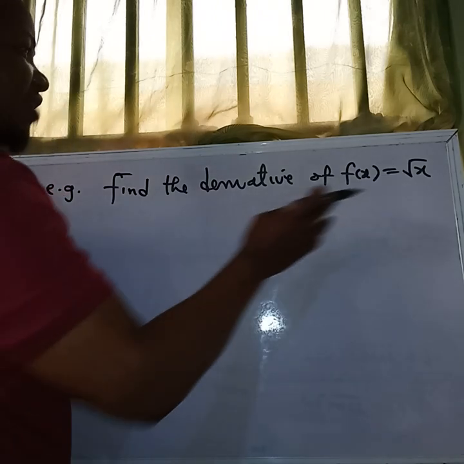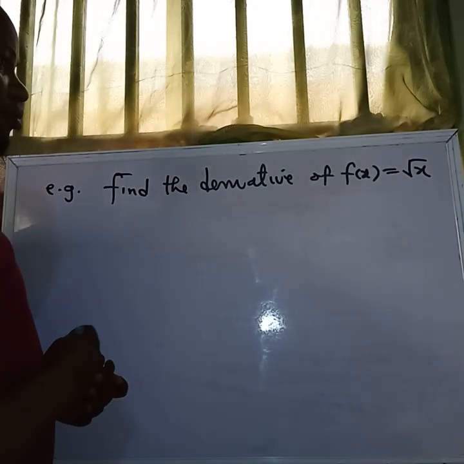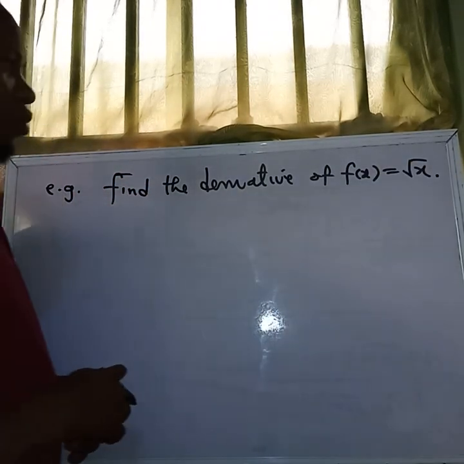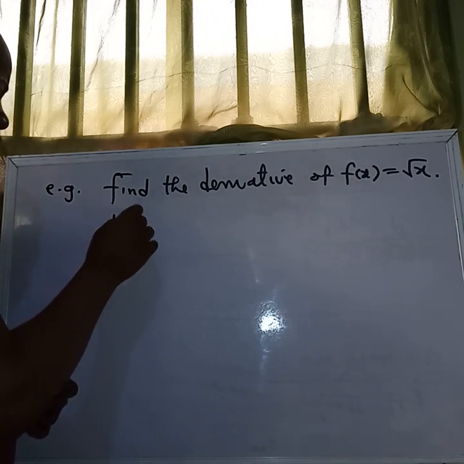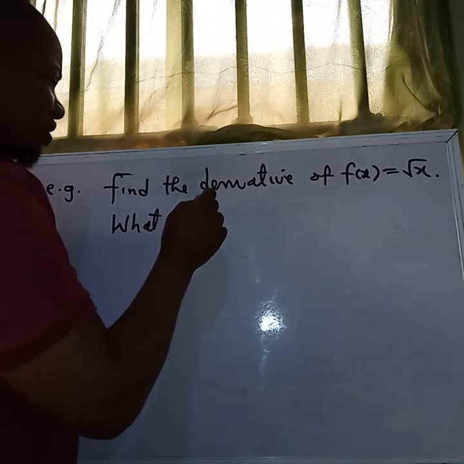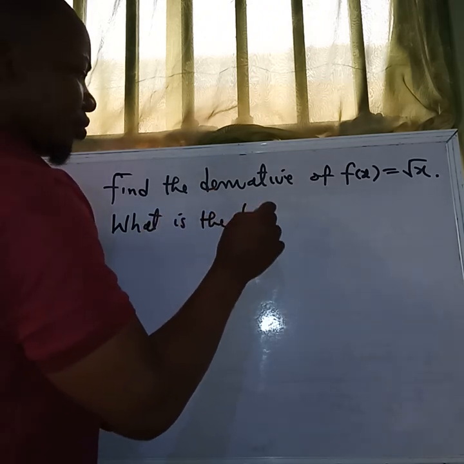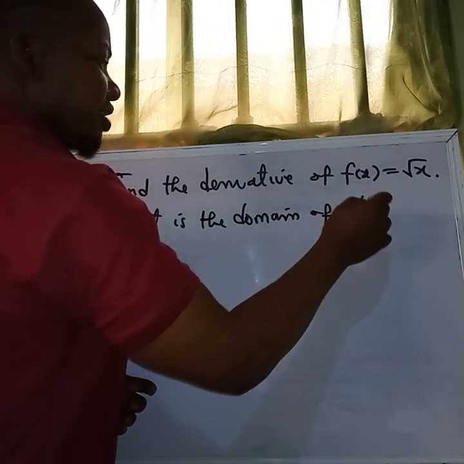When we find the derivative of a function, we also want to know: what should be the domain of the derivative? What is the domain of f prime of x?